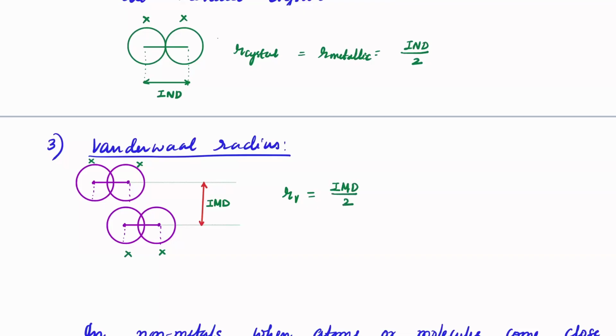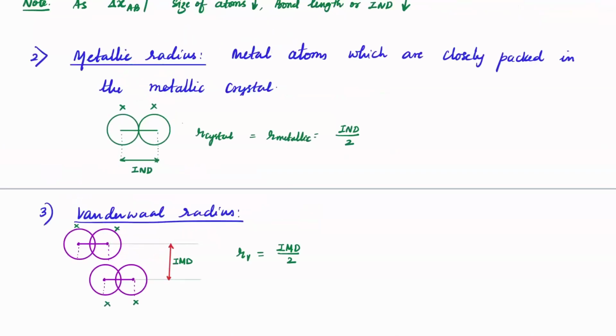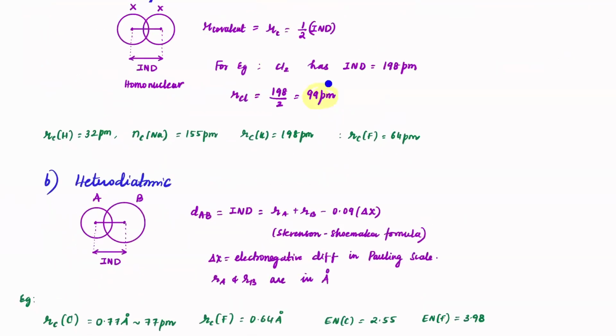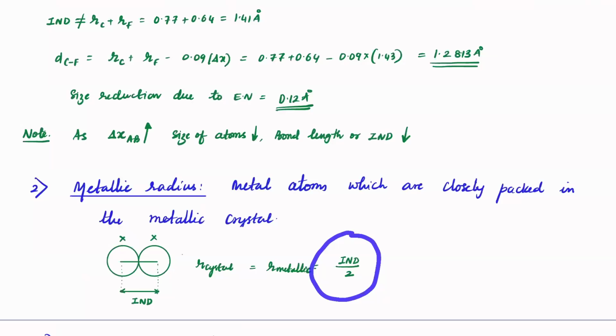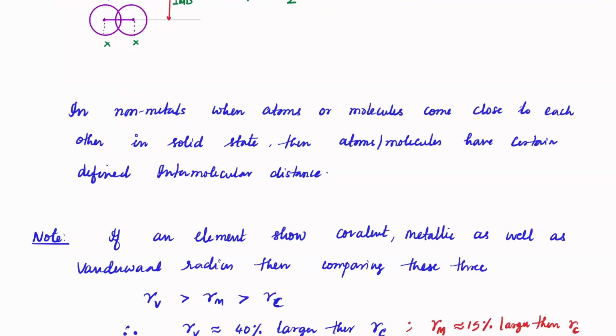Now, if you compare for a particular element, if it possesses a van der Waals radius, a metallic radius, and a covalent radius, I can clearly notice that based on the amount of overlap, van der Waals radius is definitely larger than metallic radius, which is larger than covalent radius.